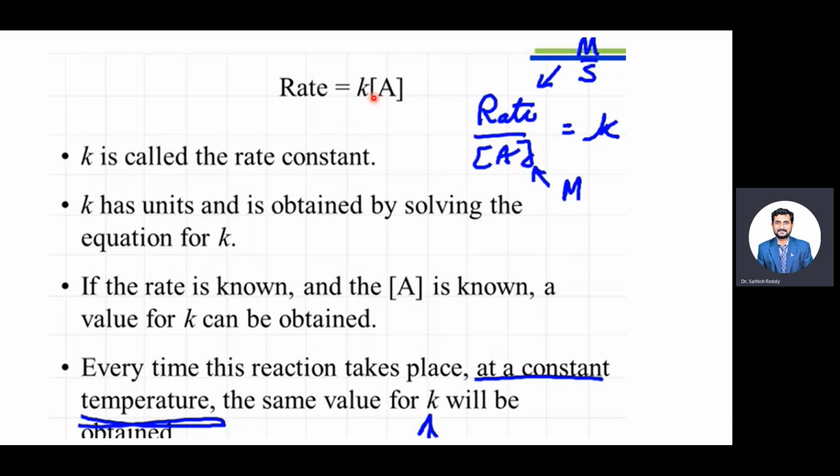If the rate is known and A is known, a value for k can be obtained. Every time this reaction takes place at a constant temperature, the value of k is the same. If the temperature changes, the value of k also changes.